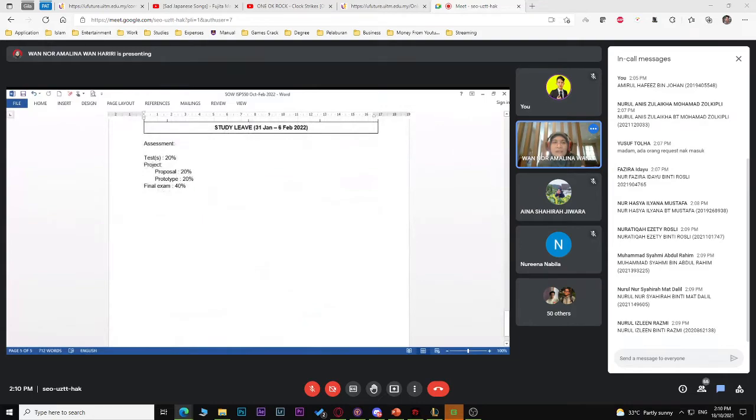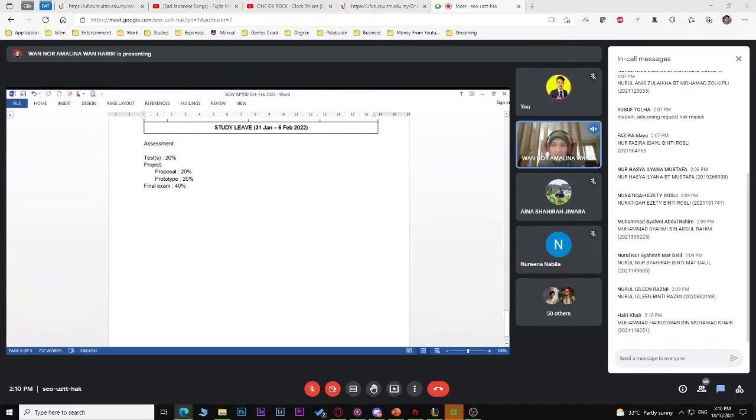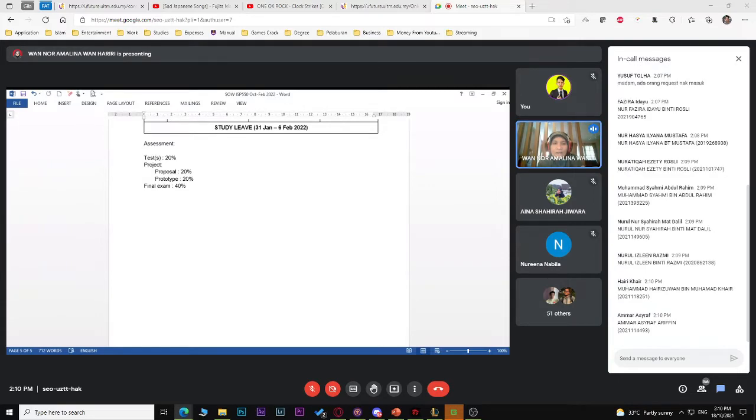In terms of assessment, there will be tests, but only one test, in the middle of the semester, and the test contributes 20%. Then the project, which is the class project I just mentioned: 20% for the proposal and 20% for the final prototype.